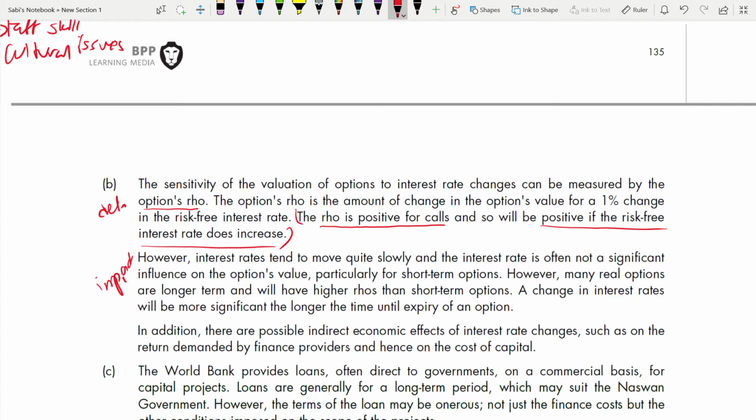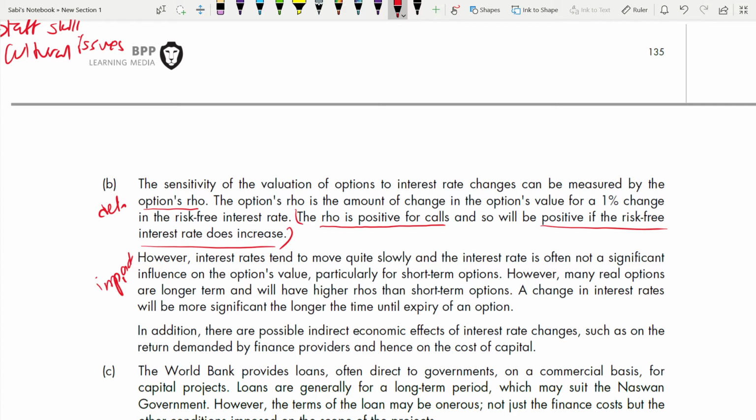Why? Because if interest rate increases, you will exercise the option because the option will be giving you a lower price, right? Because we have to protect ourselves from that increase in interest price in the market if it increases. You will exercise that option.